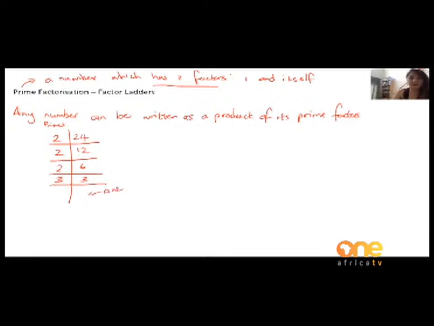All right. Cool. So if we want to write a number as a product of its prime factors, I will write it in terms of these numbers multiplied together. So for example, I'm going to say 24 is equal to 2 times 2 times 2 times 3, or 2 cubed times 3. And this just means 2 times by itself 3 times.